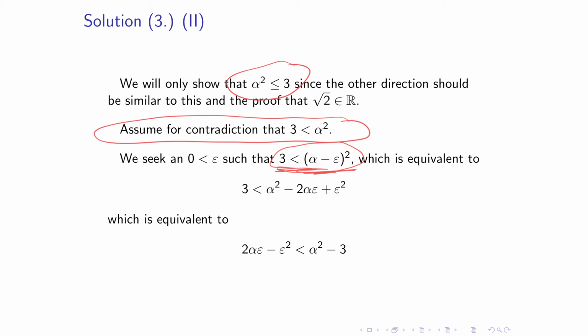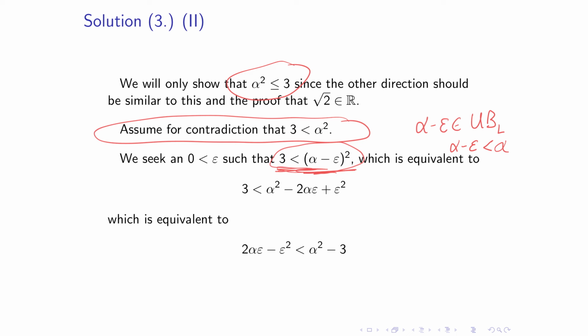And why do I want that? Well, what that would tell me is that alpha minus epsilon would be an upper bound for the set L. But we would also know that so long as epsilon is chosen as a positive number, alpha minus epsilon would be strictly smaller than alpha.